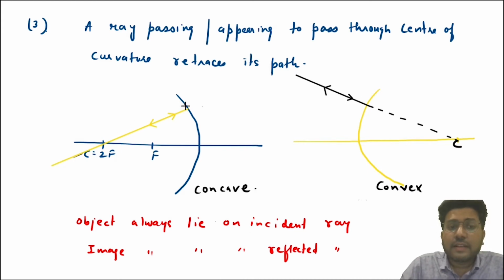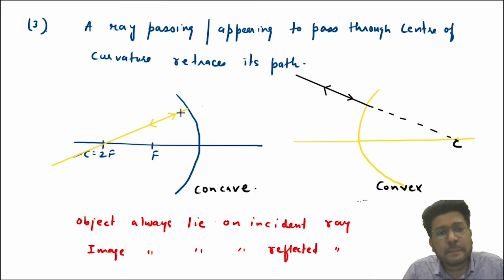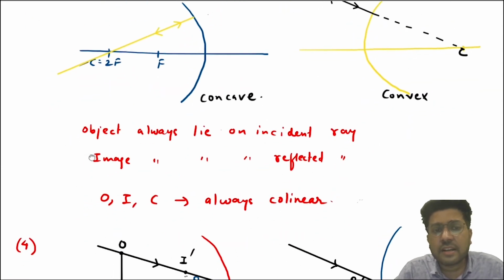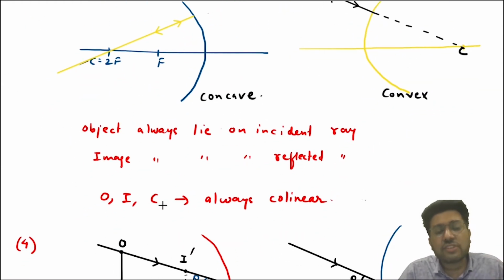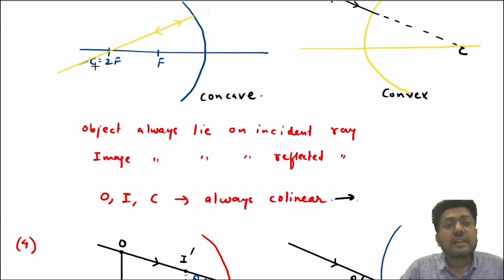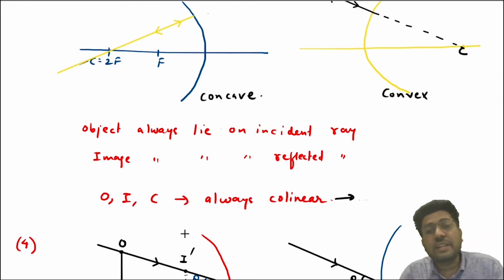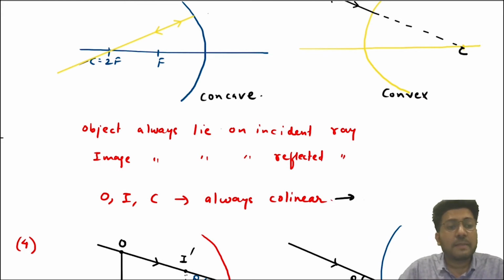This line is the incident ray, and this line is also the reflected ray. So the object will lie on this line only, the image will lie somewhere on this line only, and the center of curvature is also on this line only. That means a very, very important point has emerged: the object, image and center of curvature are always collinear in a spherical mirror, right?